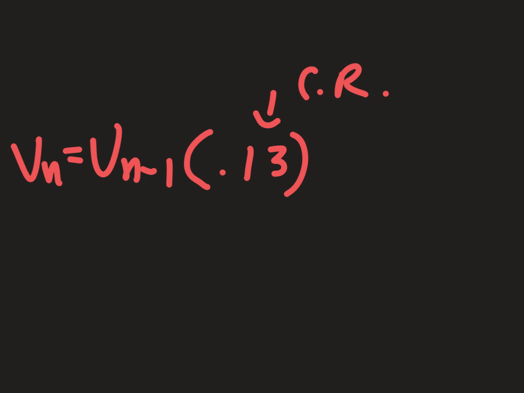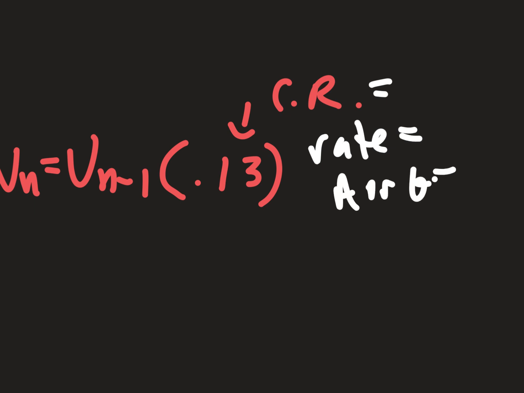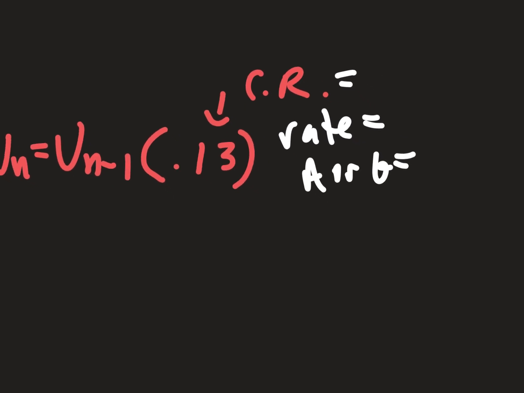Can you answer all the questions, though? There's the common ratio. There's the rate. There's arithmetic or geometric. And there is, what's the other terminology thing? Let me think. Yup.